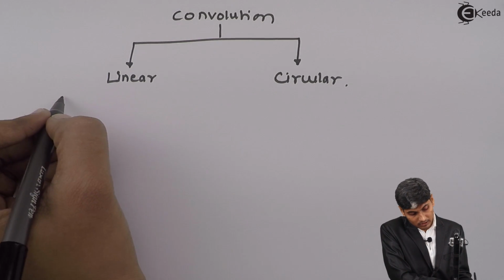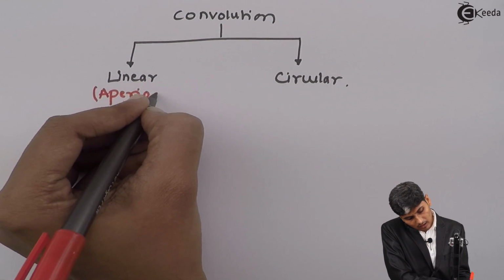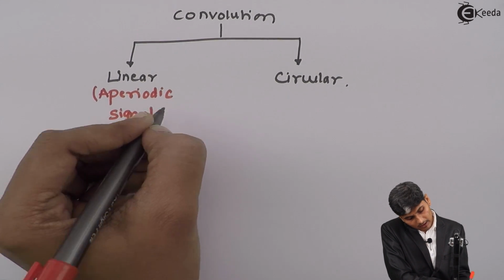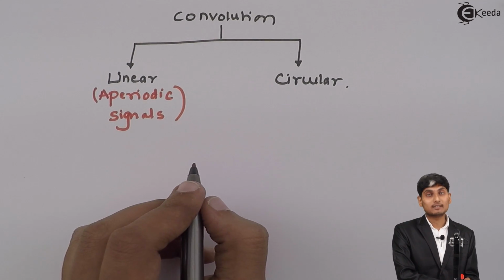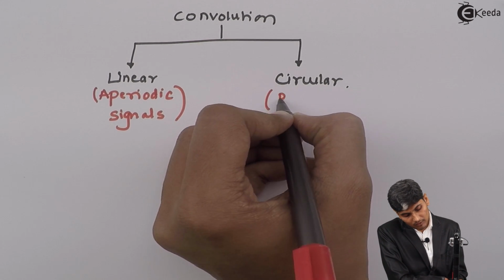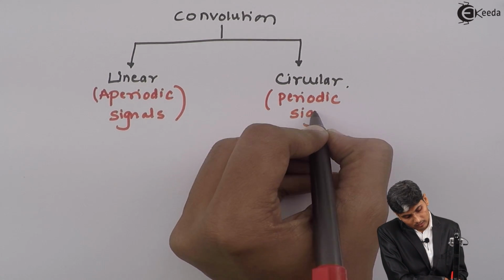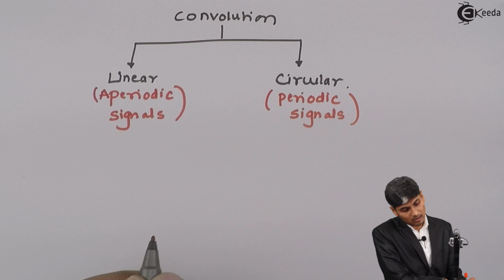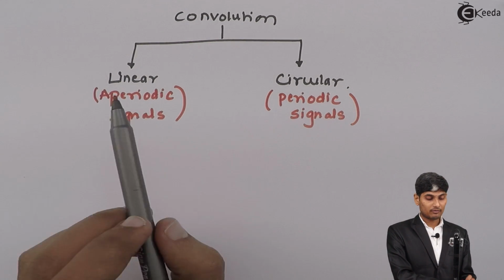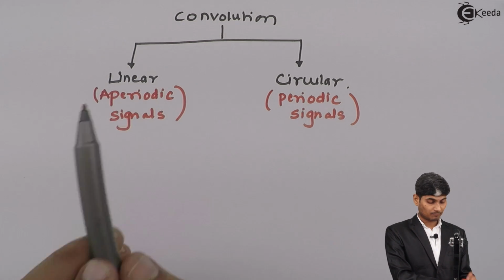Linear convolution is for aperiodic signals. It is mandatory for aperiodic signals. If the signals are periodic, then we go for circular convolution, and if we have aperiodic signals, then we go for linear convolution.